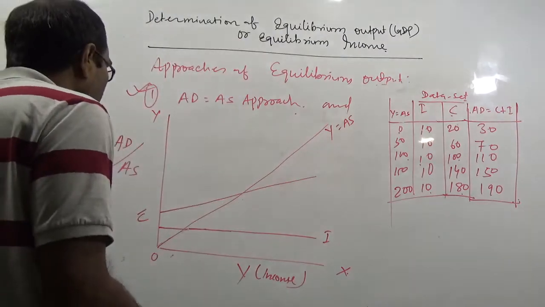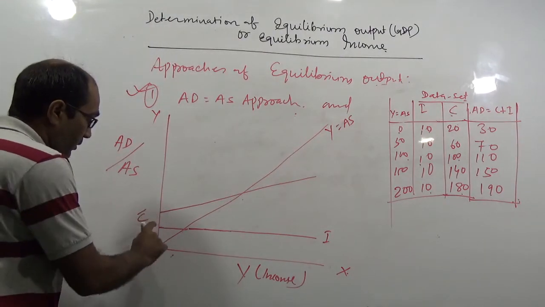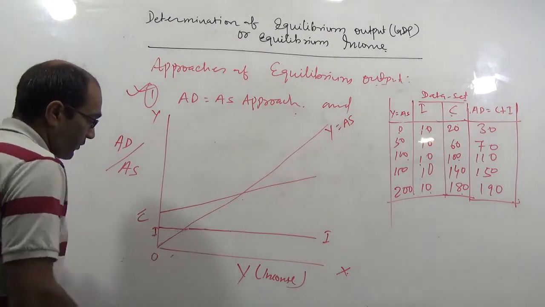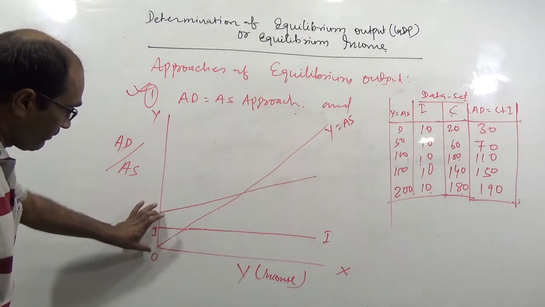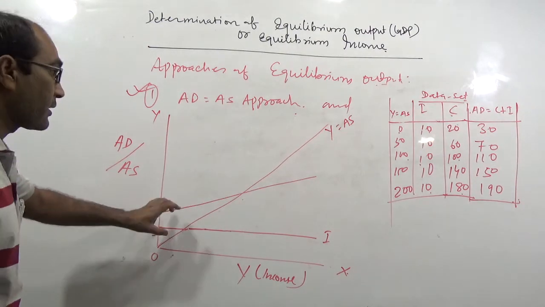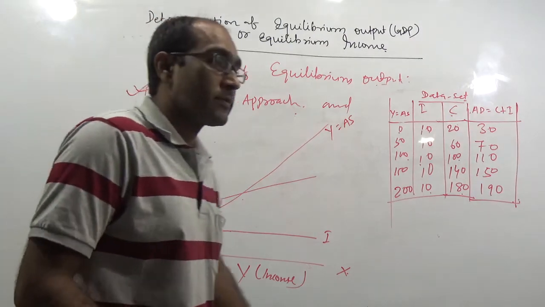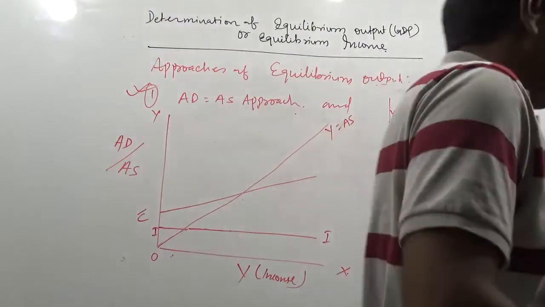And when we add C plus I, we get the value of aggregate demand.